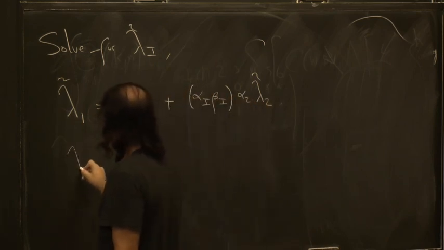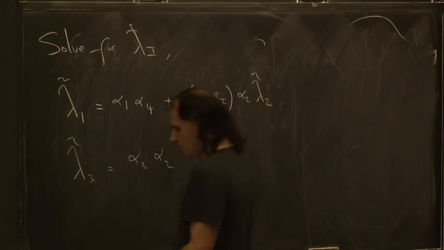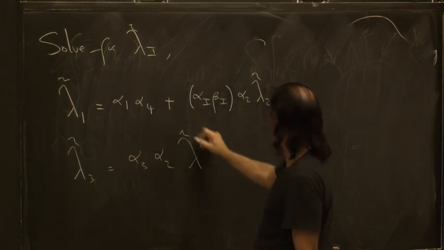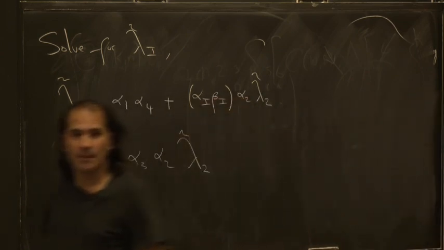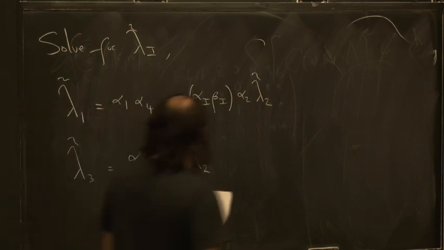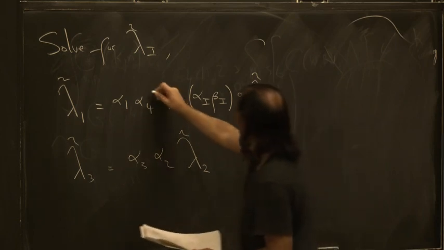And meanwhile, lambda tilde 3 is just equal to alpha 3 alpha 2 lambda tilde 2. Okay. Now let's, yeah. Oh, I'm sorry. What happened to? Oh, I'm sorry. Lambda tilde 4. Thank you.